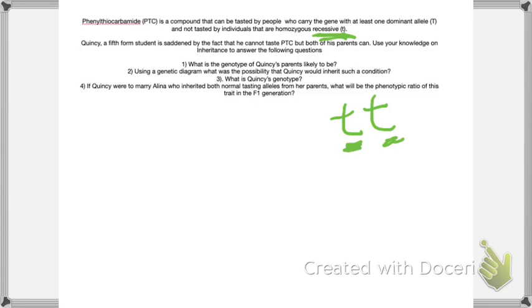So he must have had two recessive alleles for him not to be able to taste PTC. Remember, the question said that if the individual inherits one dominant allele, that is enough to taste PTC. If he cannot taste it, it therefore means that he inherited two recessive alleles.